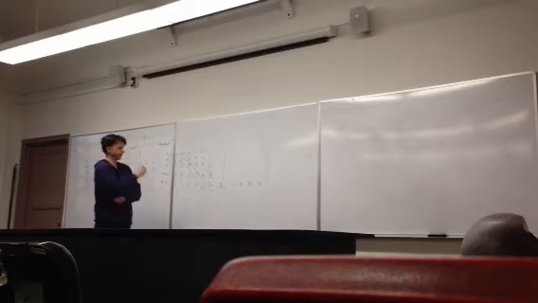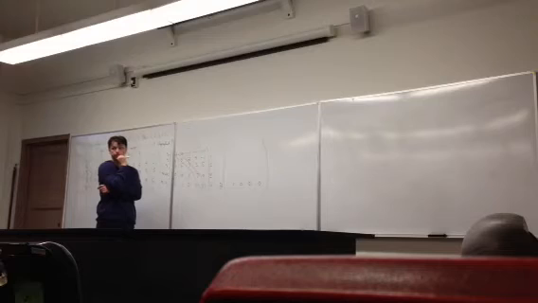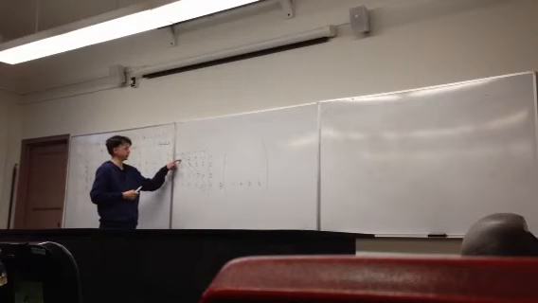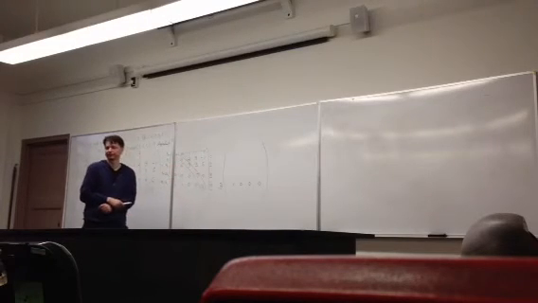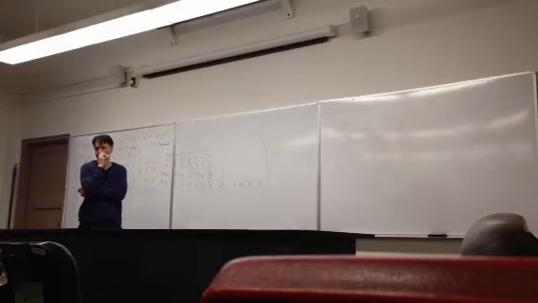Now, do you want to do it like that? Or do you want to keep the 3 here and make 0s here? No, you want to keep it like this? That's fine.